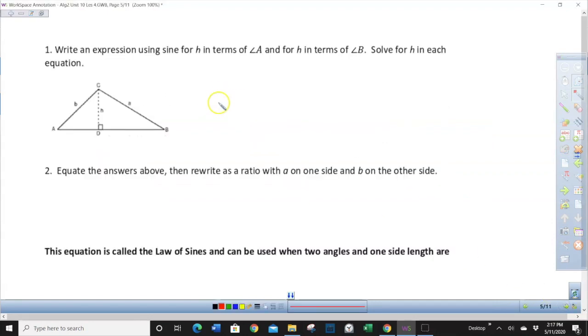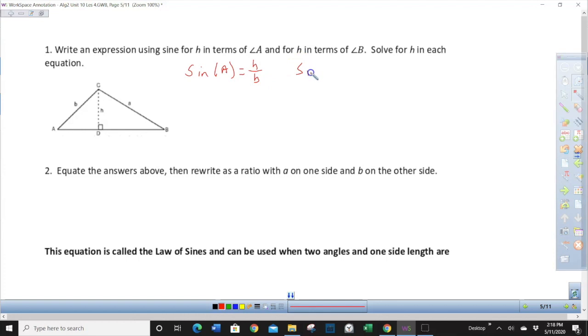So this says write an expression using sine for H in terms of angle A and for H in terms of angle B. So sine of A is equal to, well, here's A, and this is a right triangle here, sine would be H, opposite, over hypotenuse.